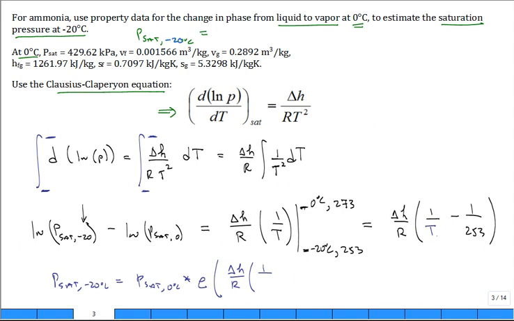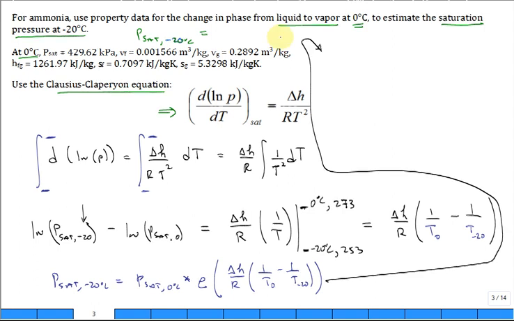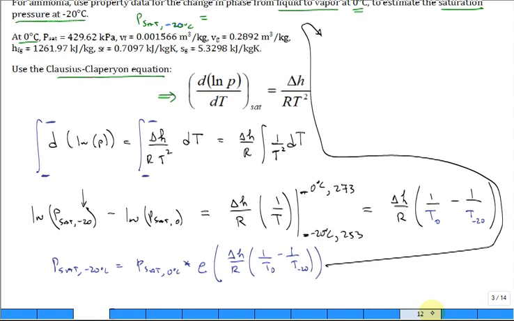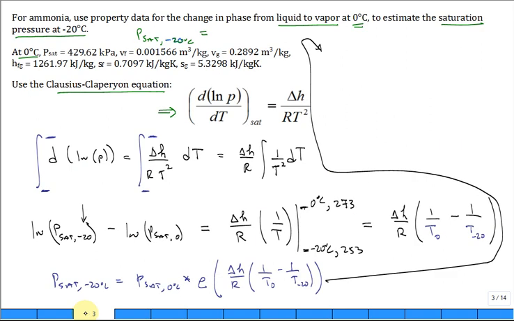Temperature 0, temperature -20, 1 over temperature 0 minus 1 over temperature -20. All right. So if I ran out of room here, but take it up right here. Oh, shifted it. There we go.